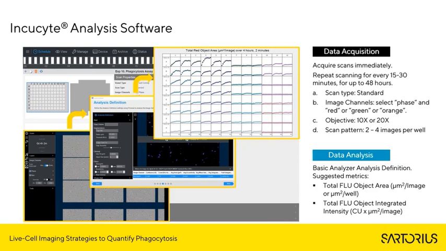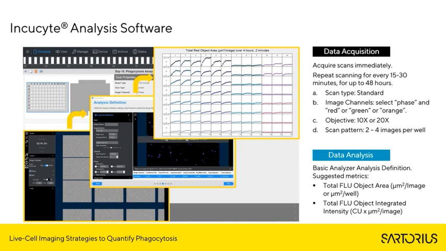For phagocytosis data acquisition, we use the settings shown on the top right here. So as I've said before, we want to acquire these scans immediately after plating, and we have quite high frequency scans for this assay as well. So we recommend repeat scanning every 15 to 30 minutes for up to 48 hours or the duration of your assay.